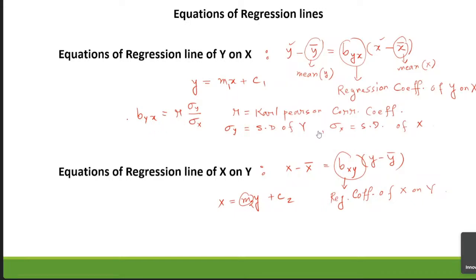We of course should not use this formula of byx or bxy. We will use another formula which I will discuss in the next slide. So similarly, bxy is equal to r into sigma x by sigma y. Here r, sigma x, sigma y are the same as we discussed already. So let's go to an example now.